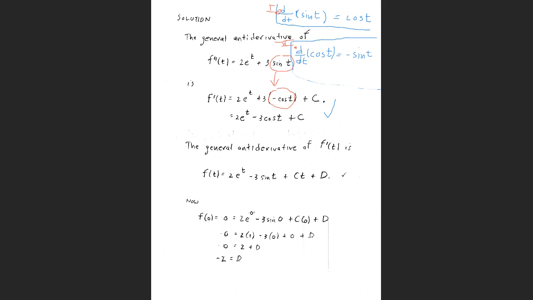Let me add a little bit more here. We know the derivative of the cosine is minus the sine. So what is the derivative of minus the cosine?